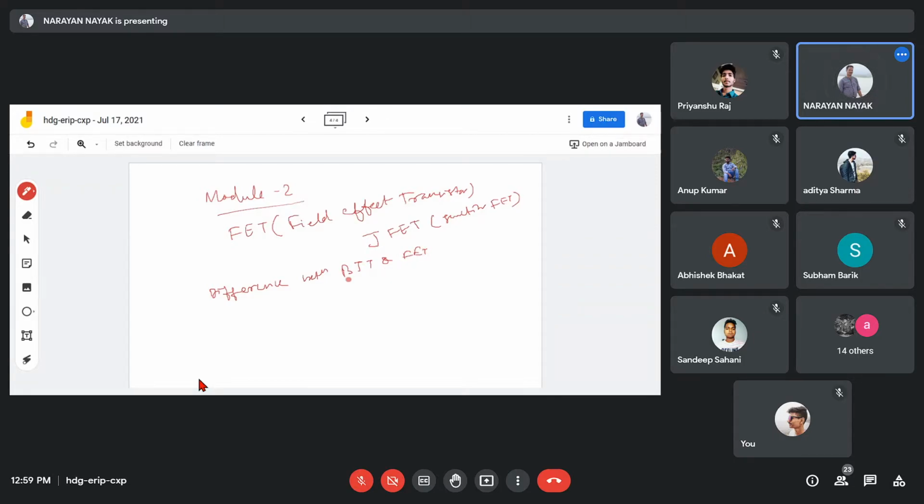BJT is basically a current controlled device, but FET is a voltage controlled device. It means BJT controls the current, while FET is a voltage controlled device. Understood?